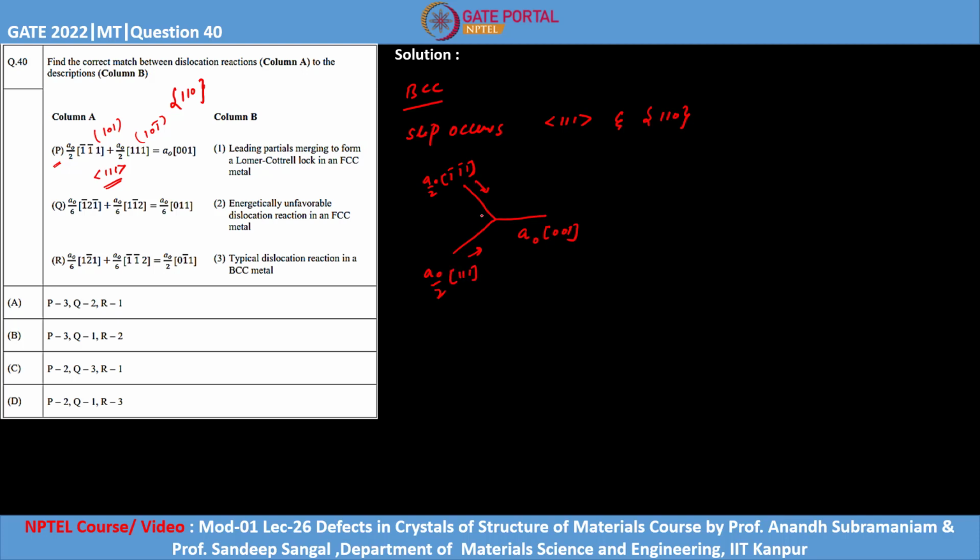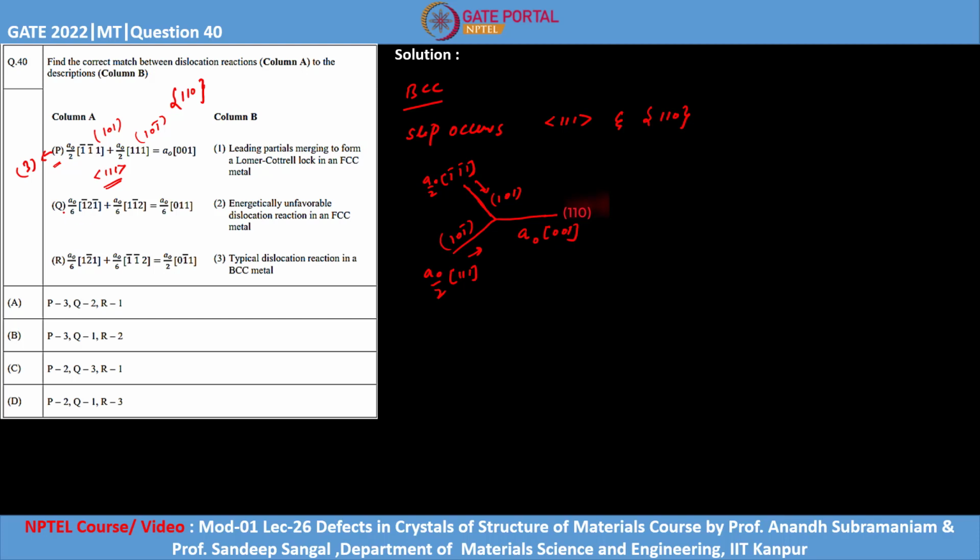So these dislocations are merging and forming this. This plane is our 101 plane, and this plane is our 101 bar plane. And finally, after merging, the dislocation a0 001 is formed. So this is a typical dislocation reaction in BCC, which is option P. So the right option for P will be 3.